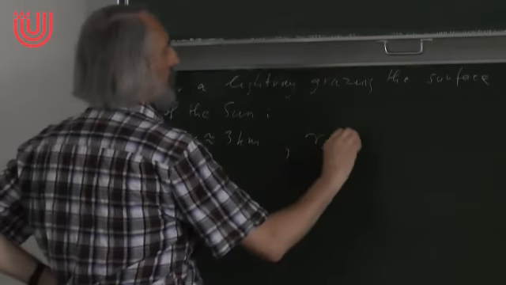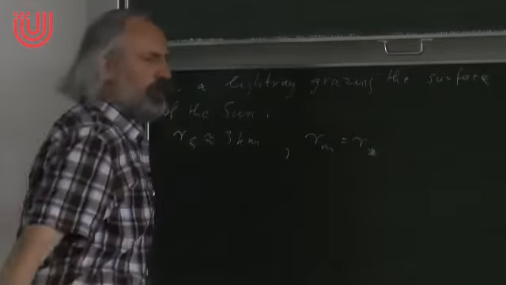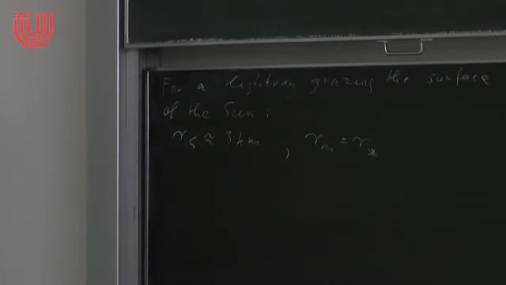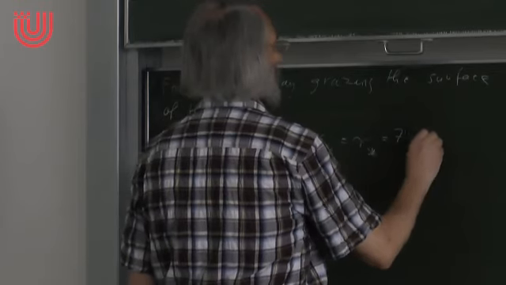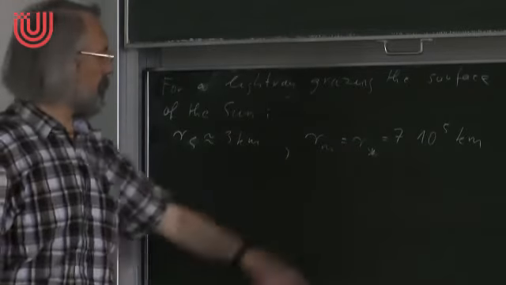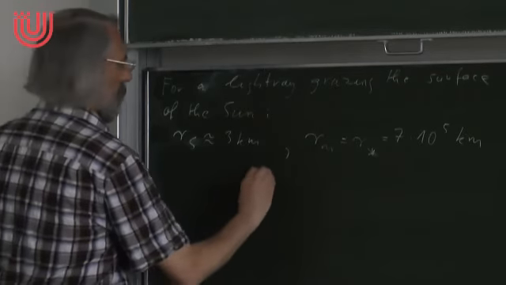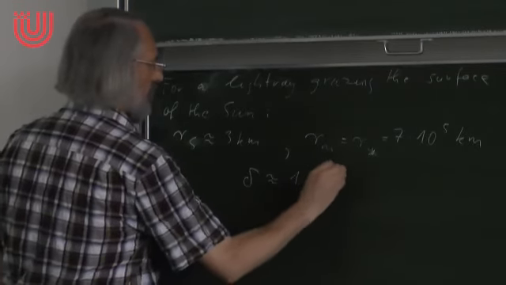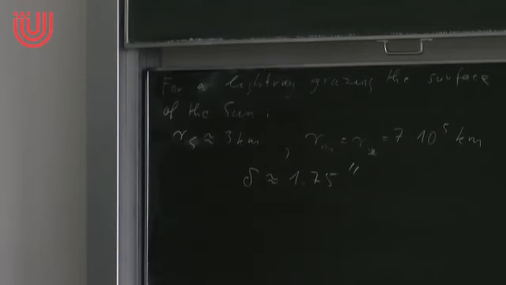And for Rm, the radius of the Sun, which is 7 times 10 to the 5 kilometers, or something in this order of magnitude. So you see the quotient is very small, right? So we get delta is approximately 1.75 seconds of arc.